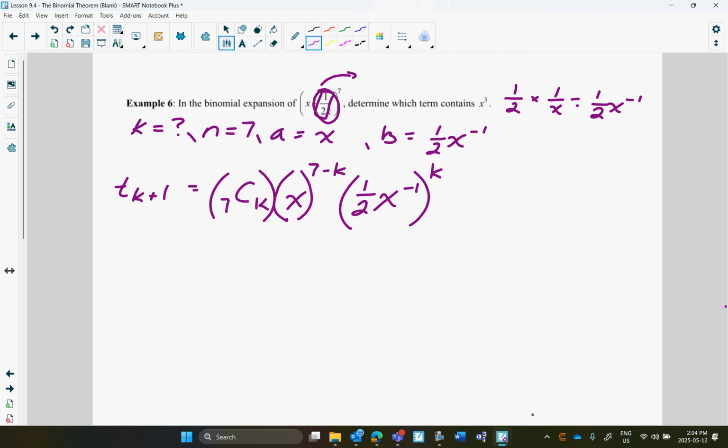Remember, the coefficients don't matter. I only care about the x's. That's not going to have an x in it, so that's irrelevant. Same with this. That's irrelevant. So I'm only focusing on these, and these are going to equal x to the third.